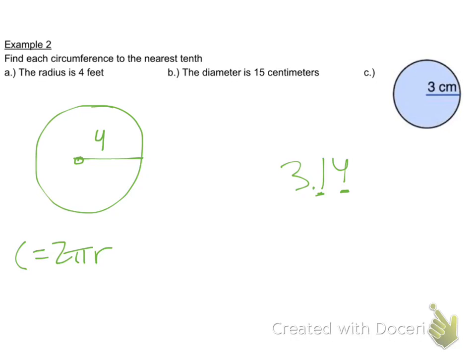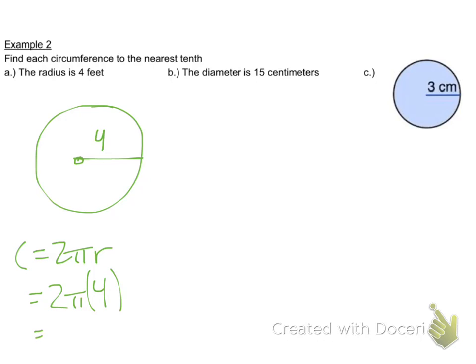Let's use that. So, if I plug in, that's why I wrote down my formula. 2, we know 2, pi is pi, and the circumference is 4. And what's 2 times 4?